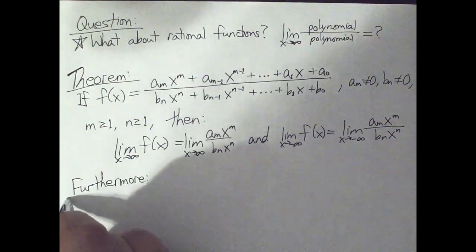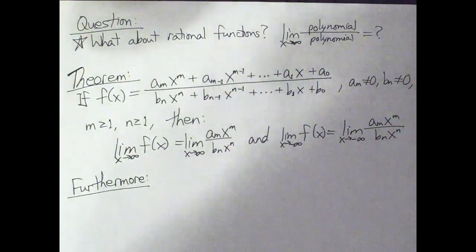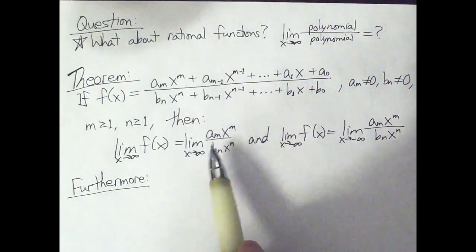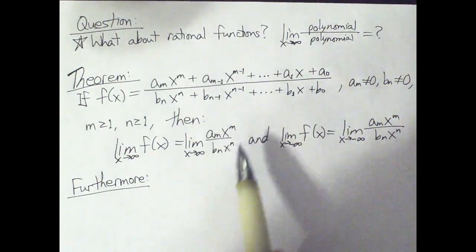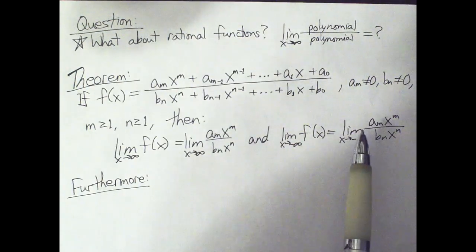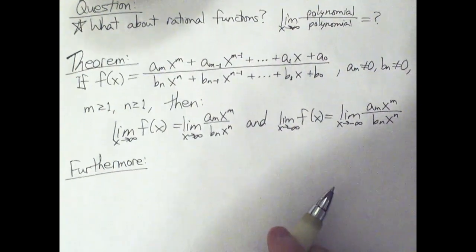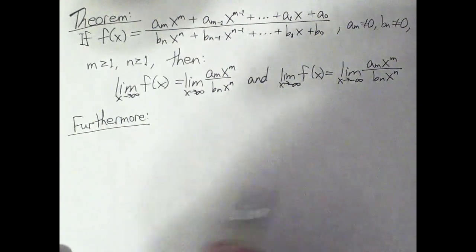Because it feels like so far the theorem has not really told us the full story. It says the limit equals this. Okay, well, now what do we do with this? We're still stuck with this. So the furthermore is going to help us to finish answering this question.